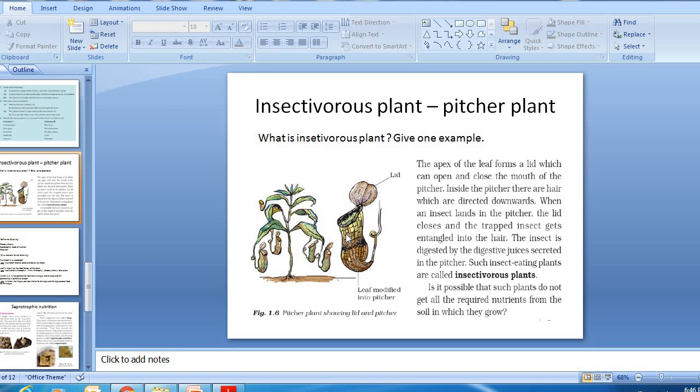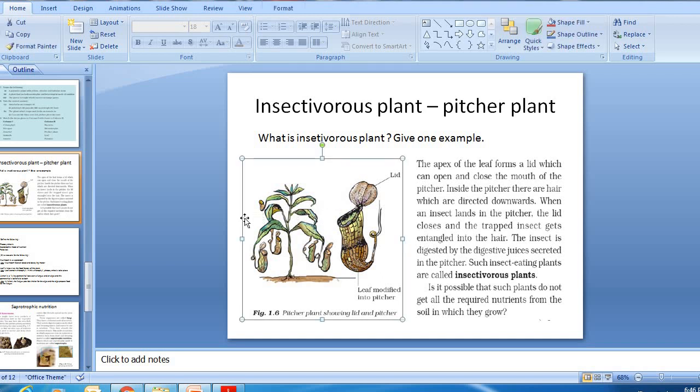When an insect falls into this pit, the lid will be closed. How nice their arrangement is. The lid will be closed once the insect falls into this pit. And after that the insect will digest inside the pitcher plant's trap, and it will fulfill its nitrogen requirement.